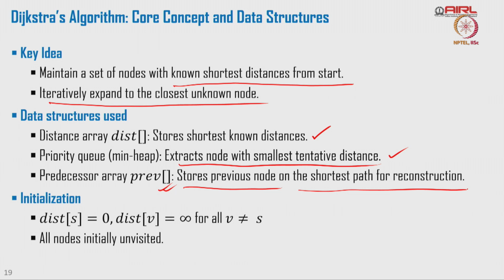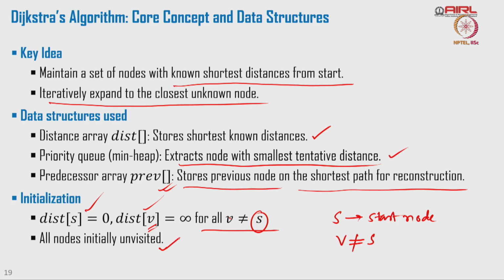So, we have to initialize the algorithm with these two parameters. S is the start node, V is anything other than this S, and all nodes are initially unvisited.